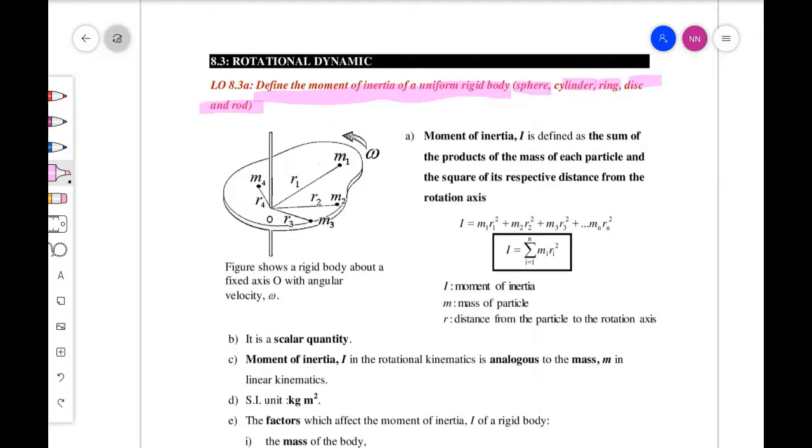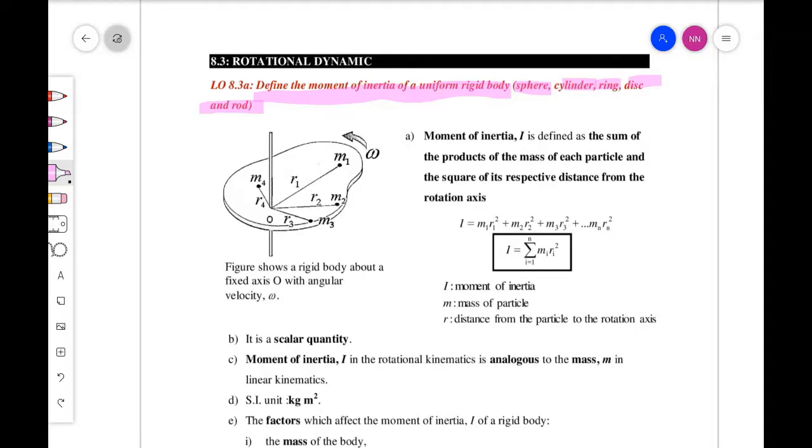Dalam subtopik yang sebelum ini 8.2 equilibrium of a uniform rigid body, objek belum lagi buat rotational motion. Dalam 8.2 objek hanya ada tendensi untuk rotate tapi belum rotate lagi. Okay, so untuk 8.3 objek dah rotate.